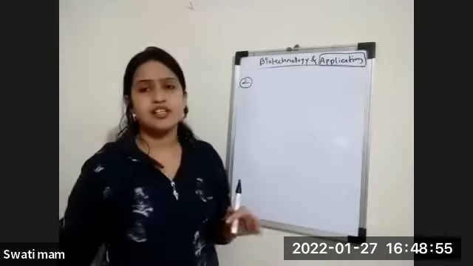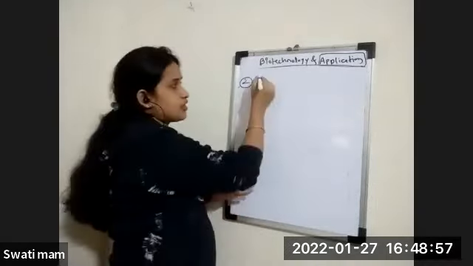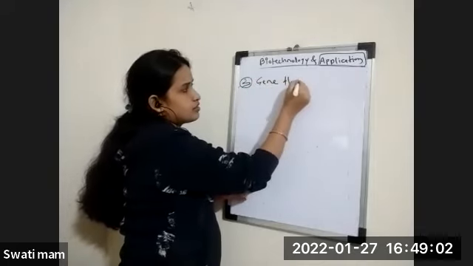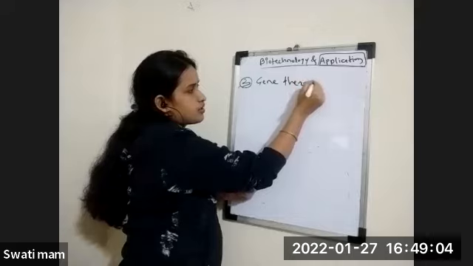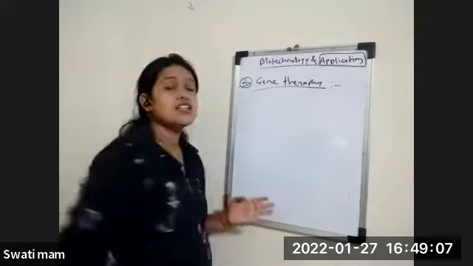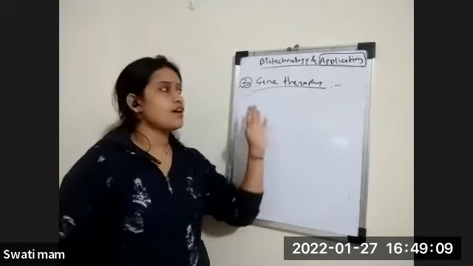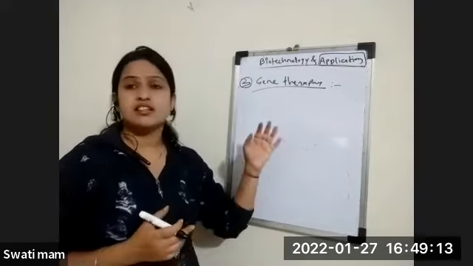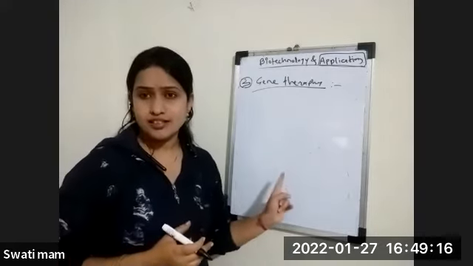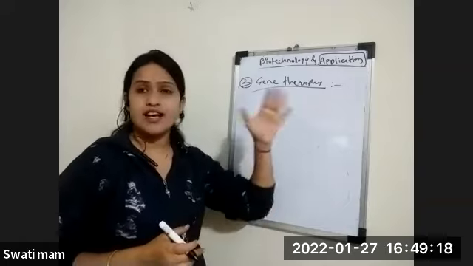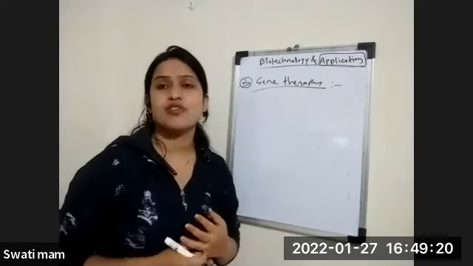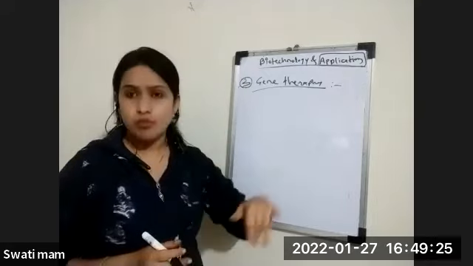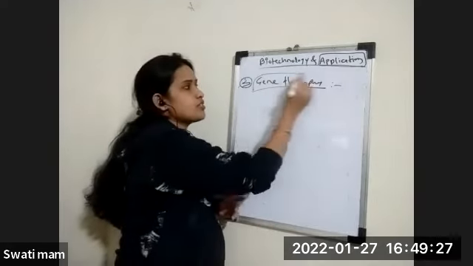Now the next application is gene therapy, the third one. What happens in gene therapy, we are going to study in the next lecture, because as I already told you, I stopped the vaccine steps. The formation of vaccines by using rDNA technology in the laboratory is somehow connected to gene therapy.